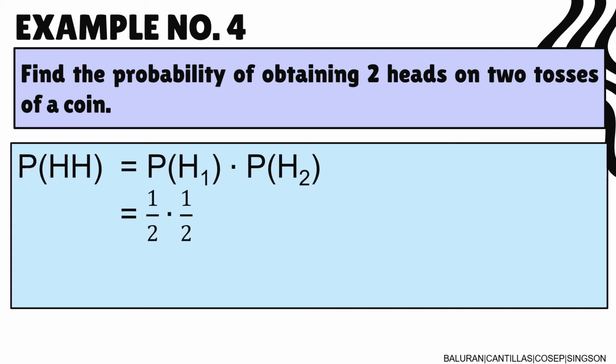So it gives us 1/2 times 1/2. 1 here, since we only have one outcome in getting a head in tossing a coin. Then 2, because we have a total of 2 outcomes in tossing a coin. Then multiply 1/2 times 1/2. The probability of obtaining 2 heads is equal to 1/4.